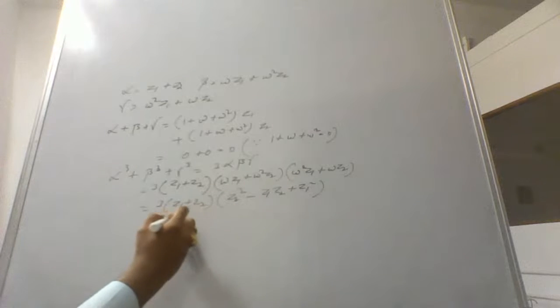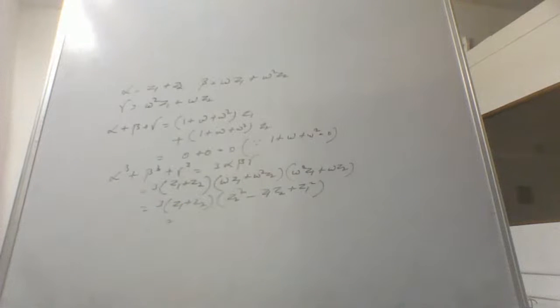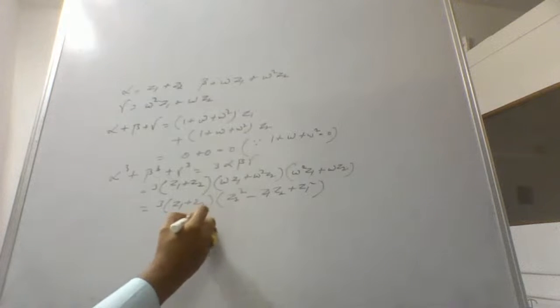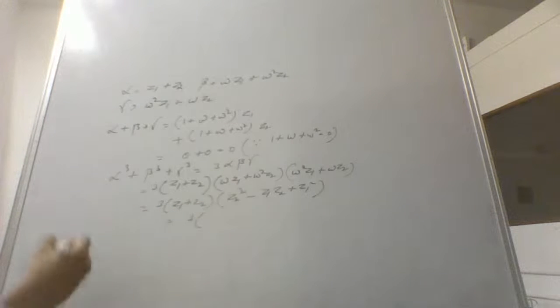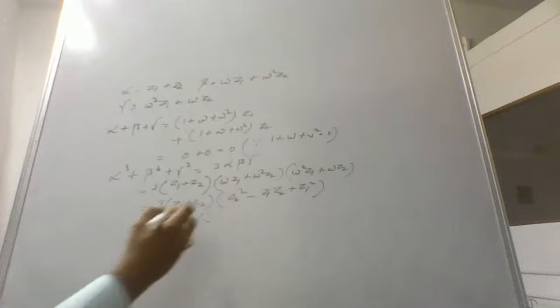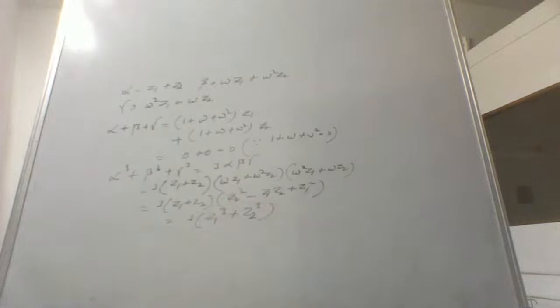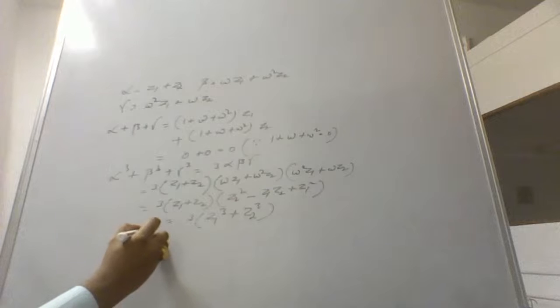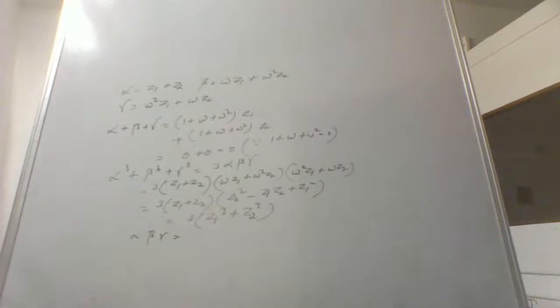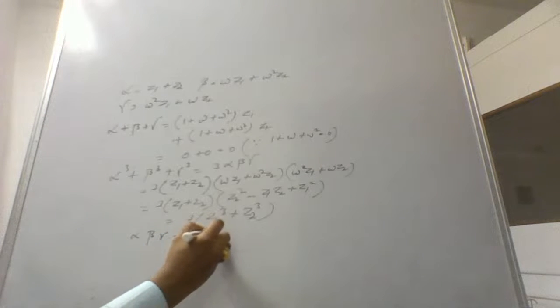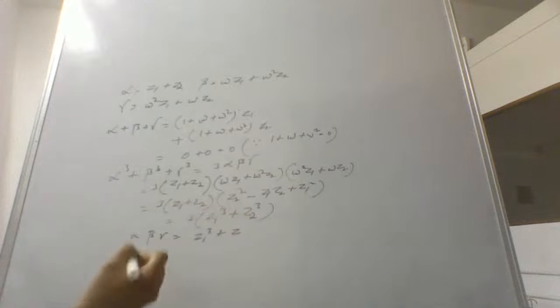Now this is again 3 times, if I simplify this, z1 cube plus z2 cube. Okay, now for alpha beta gamma, I get z1 cube plus z2 cube.